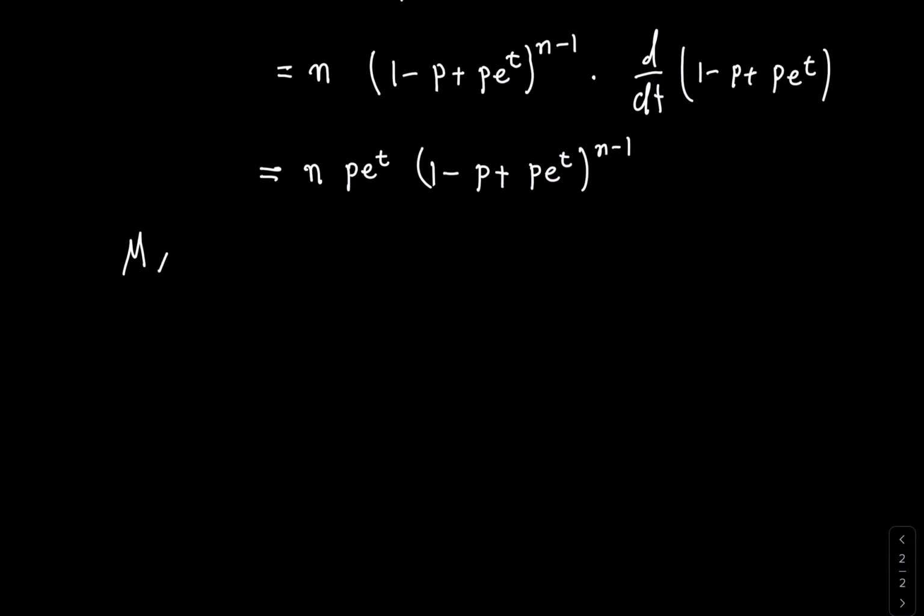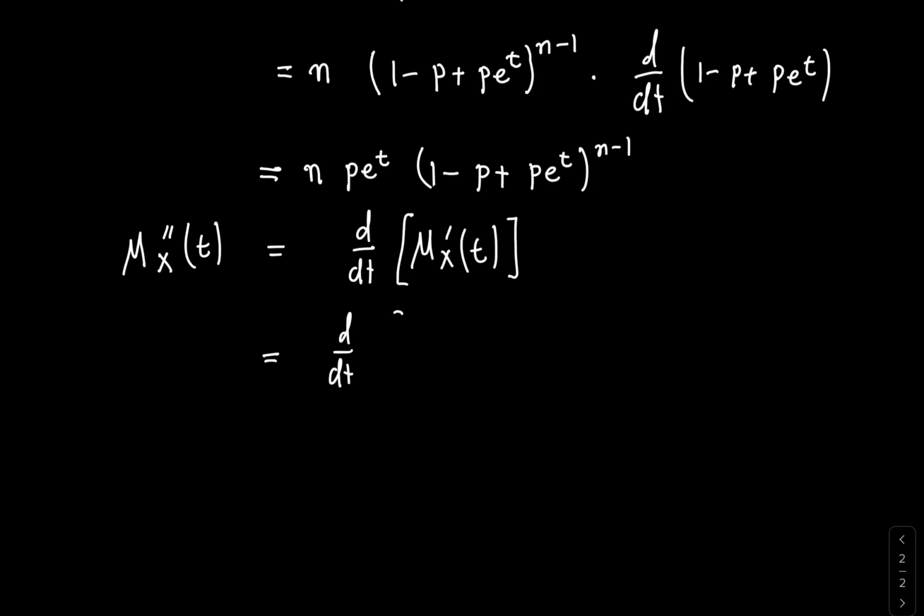So M_X double prime of t, by definition, is the derivative of the first derivative of the moment generating function. Now, plugging in our expression here, d on dt of n p e to the t times (1 minus p plus p e to the t) to the power of n minus 1.